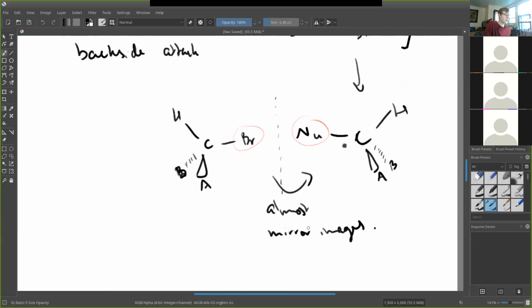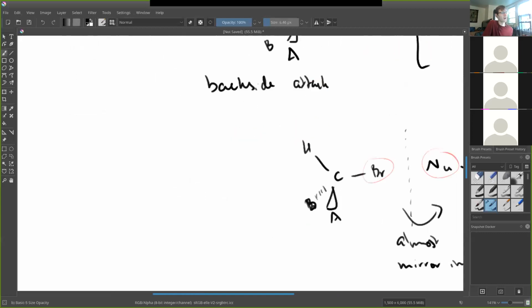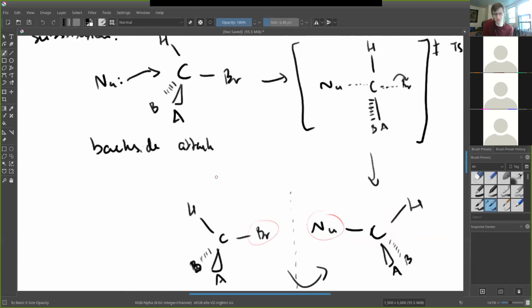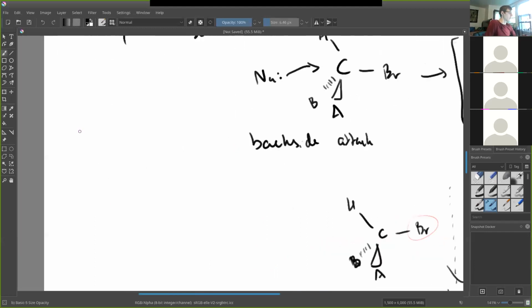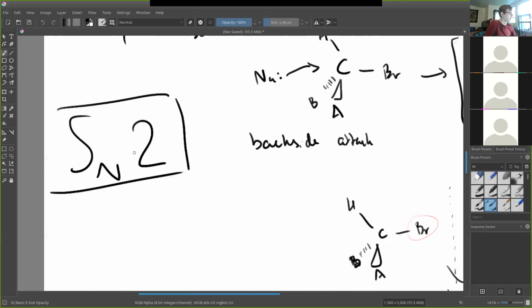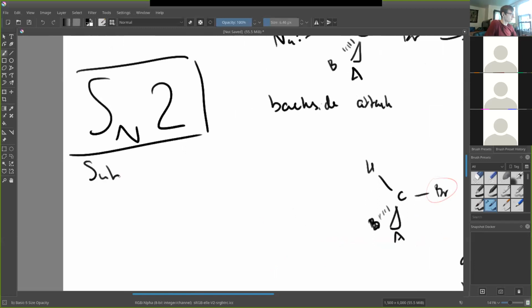Well, okay, so what we say is, this is a mechanism, right? This is a real reaction mechanism. This really happens, and this is one you'll be seeing a lot. So this whole thing that I just drew here is called SN2. That stands for substitution, nucleophilic, bimolecular.